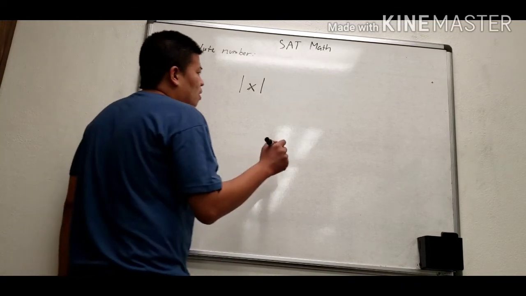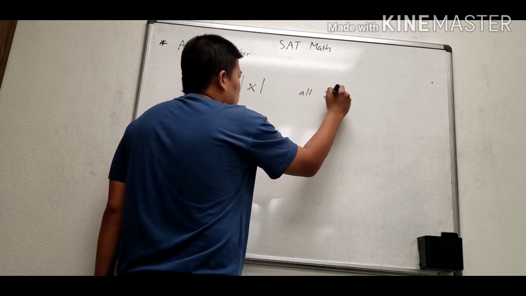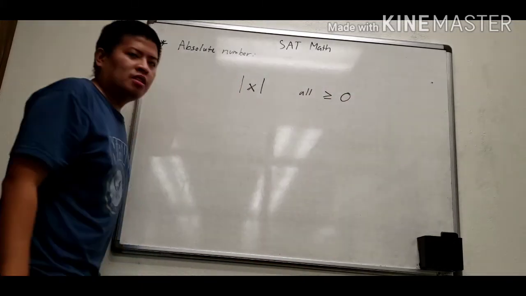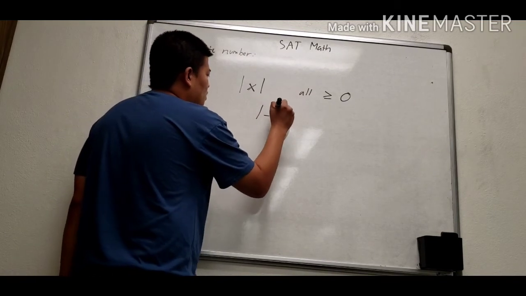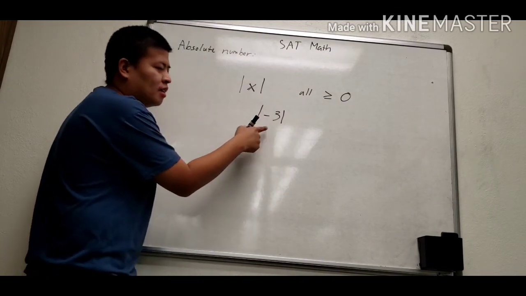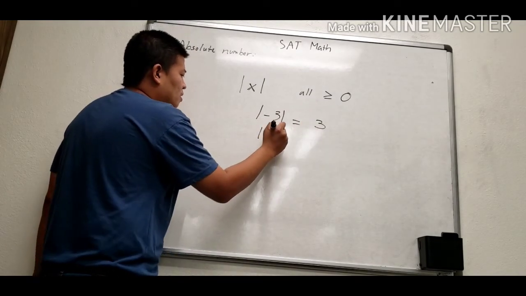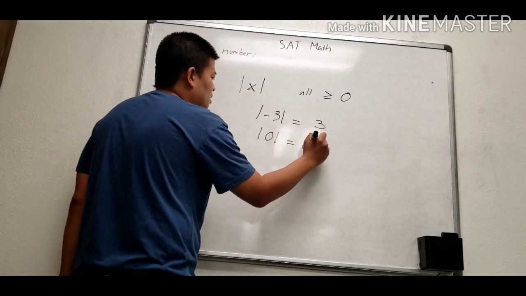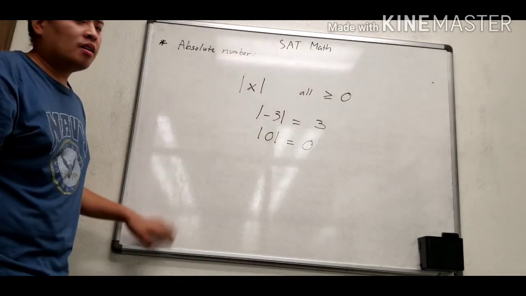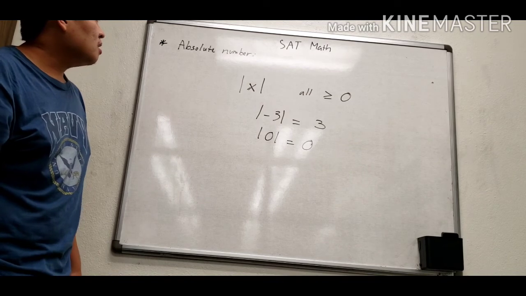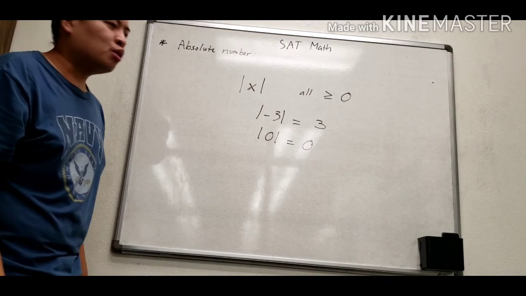And you should know that all the absolute numbers just provide the positive number. For example, we have the minus 3 in the absolute value in here, and we know it is 3. And if we have the 0, then it becomes 0. And this is the basic one in the SAT math, and you should know how to do the different kinds of absolute number.